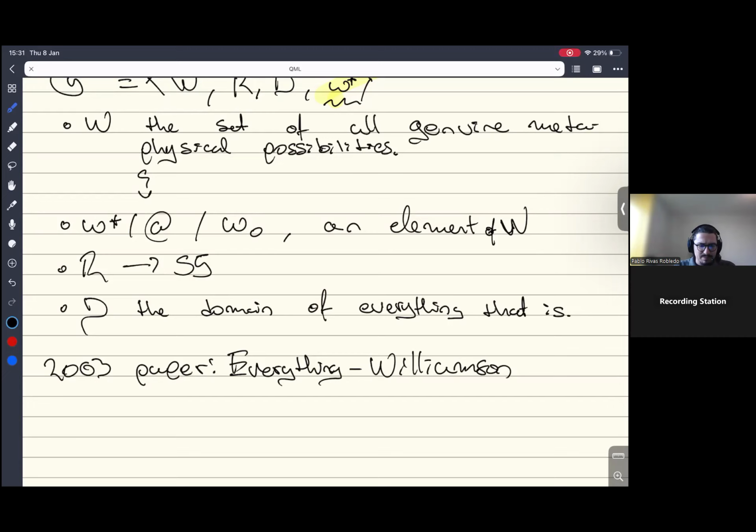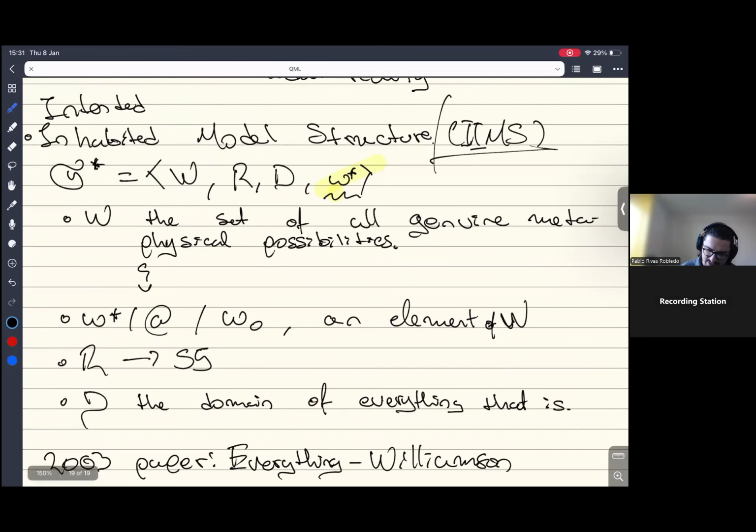But with that being said, the idea is to focus on, if we have the intended inhabited model structure, this should tell you right now what facts are we interested in.